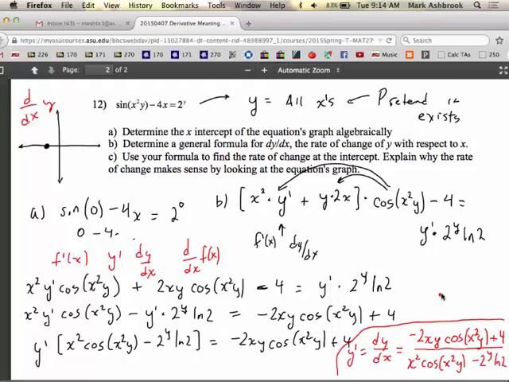Because in this situation, it's talking about the relationship between x and y, with y relative to x.